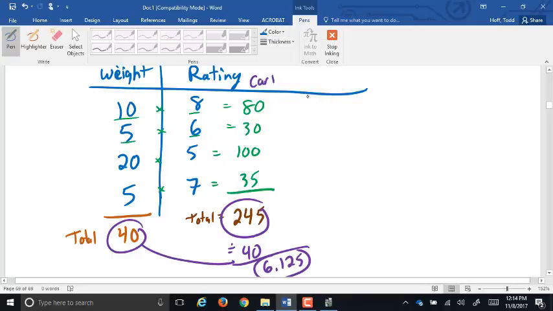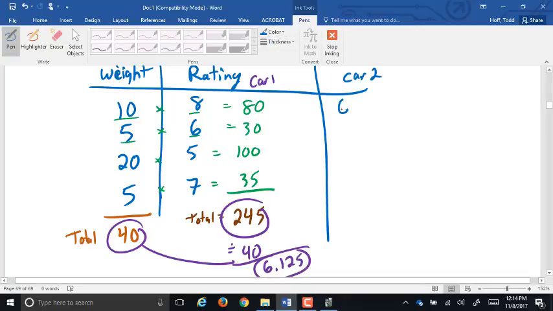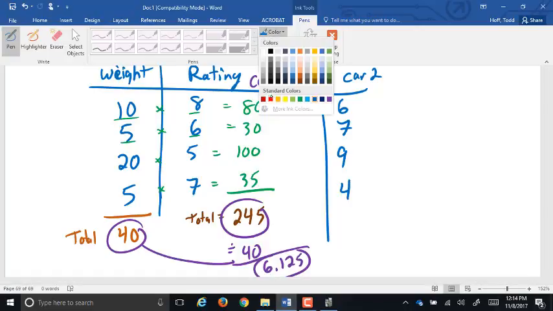We have a couple minutes, so let's compare car 2 quick. Car 2's ratings were 6 for reliability, 7 for gas mileage, 9 for comfort, and 4 for cargo space.